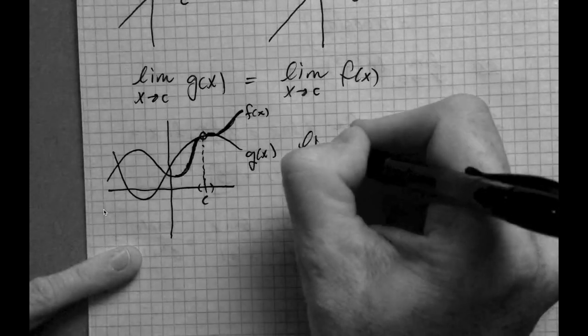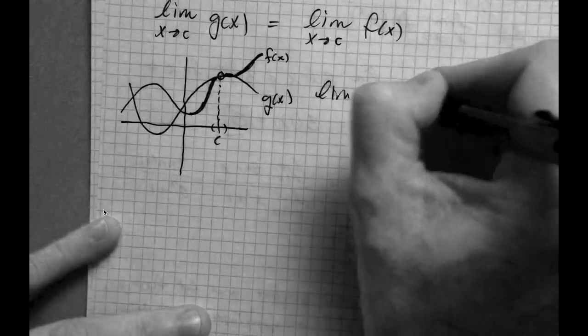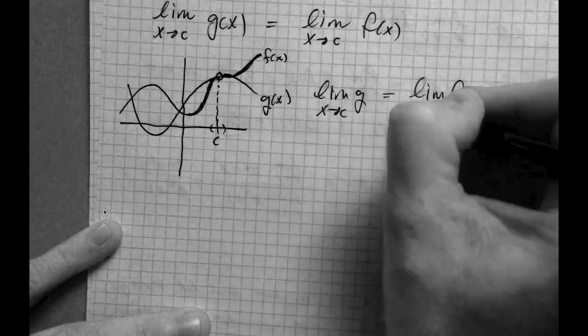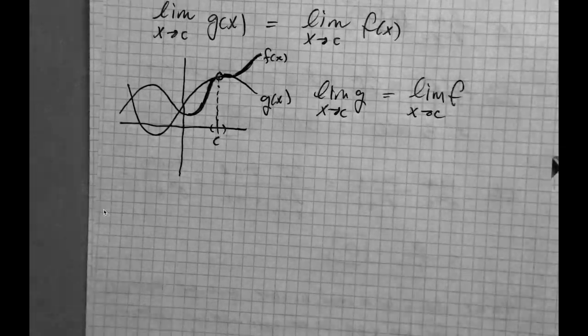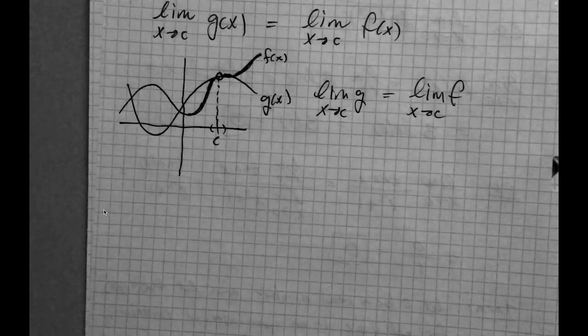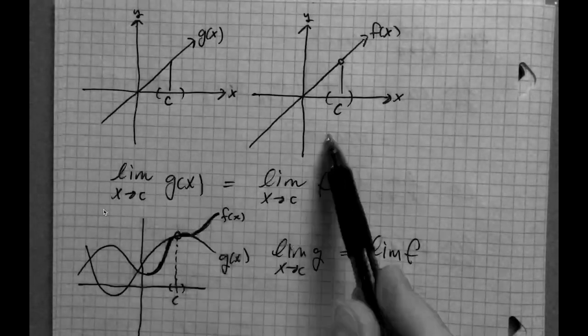So in this case, the limit of g is equal to the limit of f as x approaches c. Okay, so a handy theorem. This is a really easy example of the theorem.